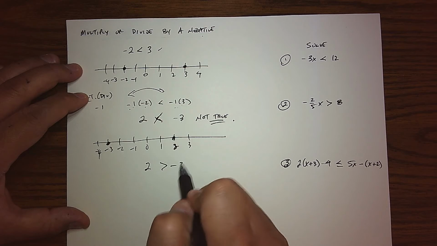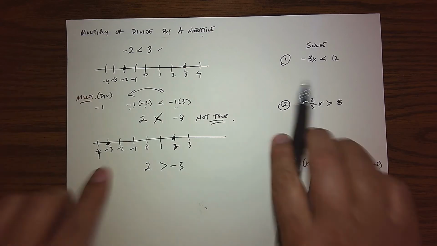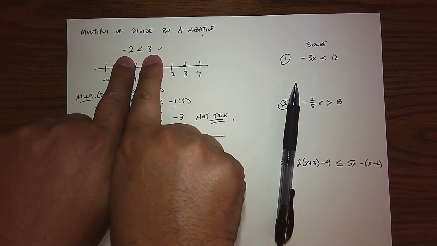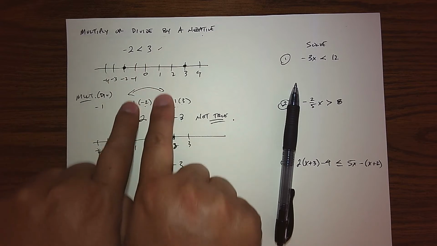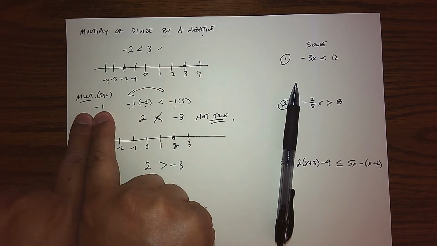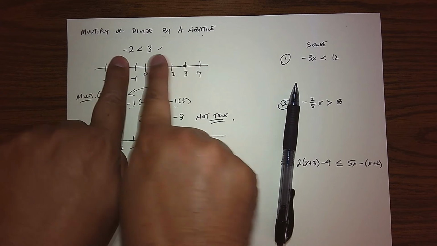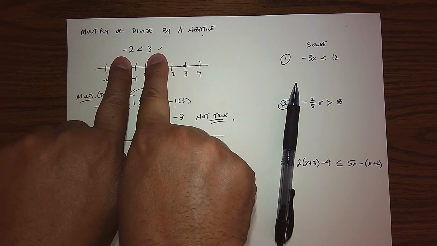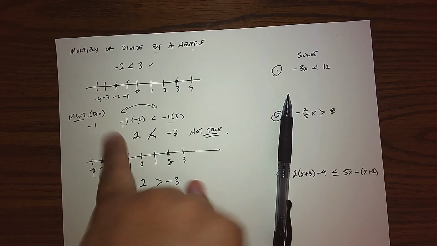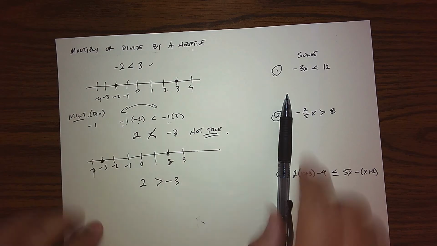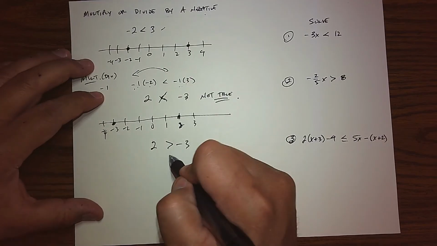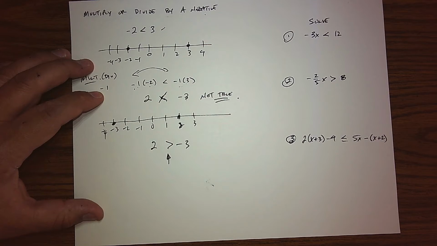What we need to do is flip-flop the sign. By introducing the concept of opposite, whether it's multiplication or division, the relationship between these two numbers literally flip-flops on the number line. And to match that, I have to flip-flop the inequality.